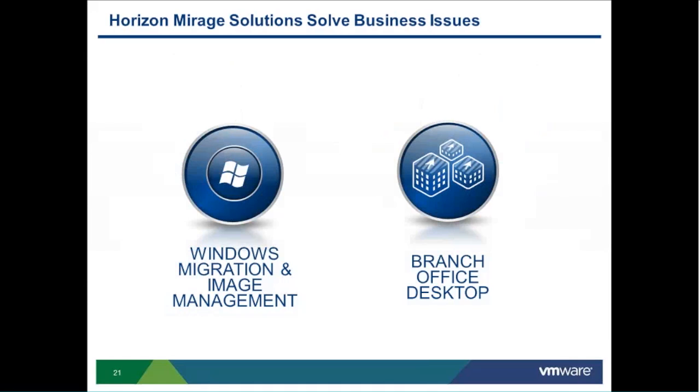I have given the major business issues which we saw: migration and image management, and of course, branch office desktops. As I explained, for maintaining branch office desktops also, you don't have to invest in any costly infrastructure. Any one desktop can be made a branch reflector and can do the same job.